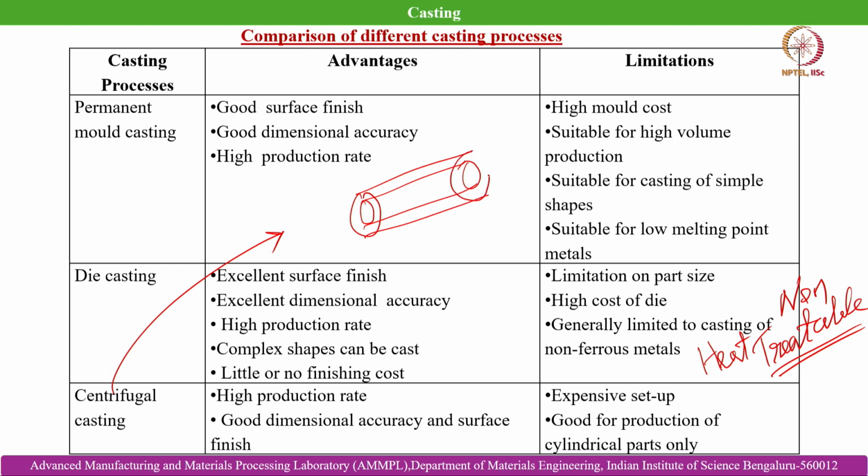In the country, Tata Metaliks is one of the largest producers of these hollow ductile iron pipes, which are used for several industrial applications, like transport of fuel, gas, and so on. The limitations with centrifugal casting are the expensive setup, and it is good for production of cylindrical parts only.